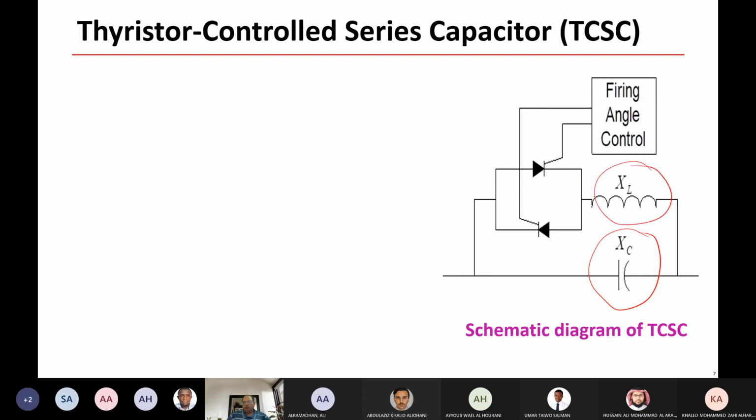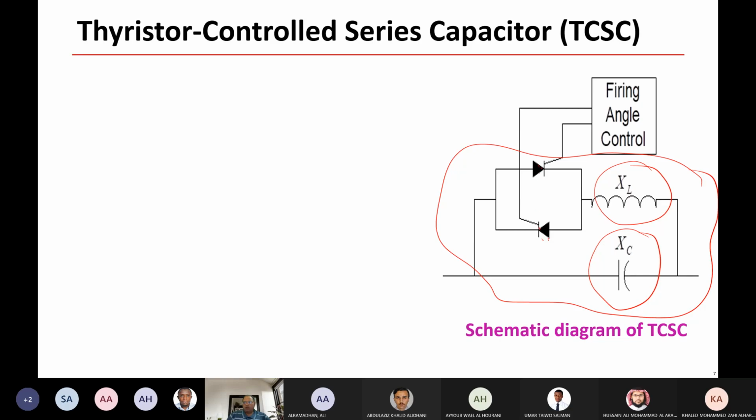You are playing with this XL here with these thyristors or gate turn off transistors. So you have here firing angle control. So with this firing angle control, you can control the reactance of this part.